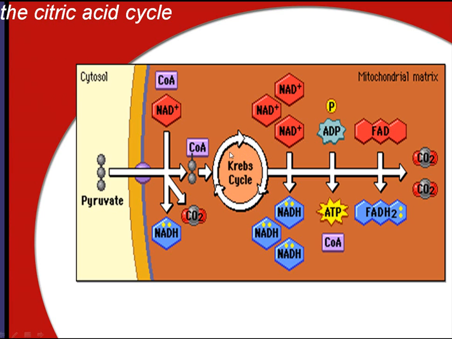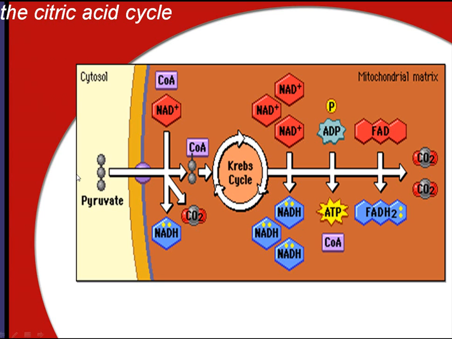Through the process of the turns of the Krebs cycle, we reduce 3 more NADHs, 1 ATP is phosphorylated, and 2 FADH2s are reduced. We also have 2 carbon dioxides here on the end. 1, 2, 3 carbons to pyruvate, 1, 2, 3 carbon dioxides released.